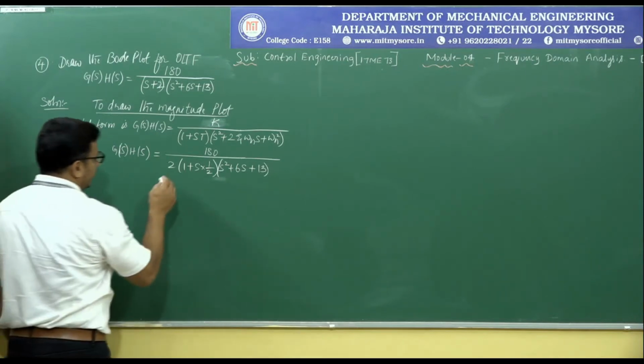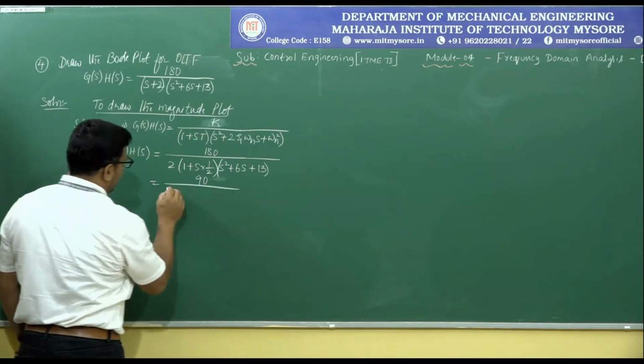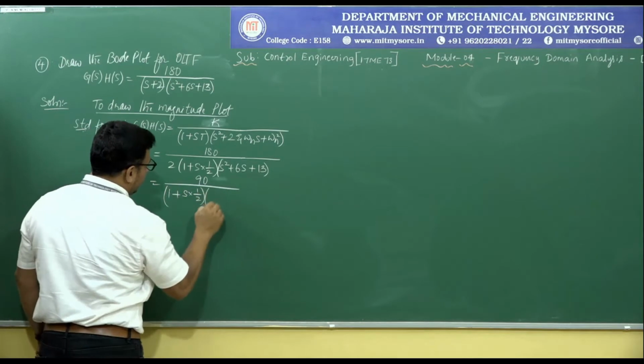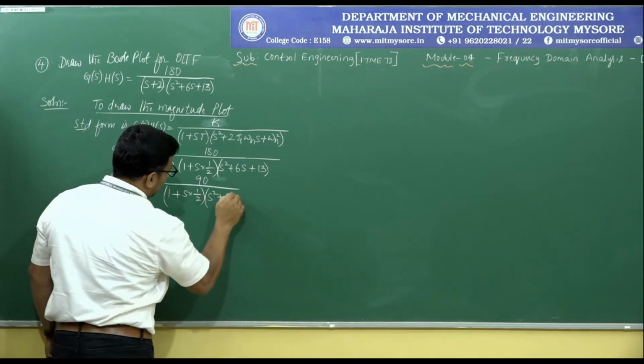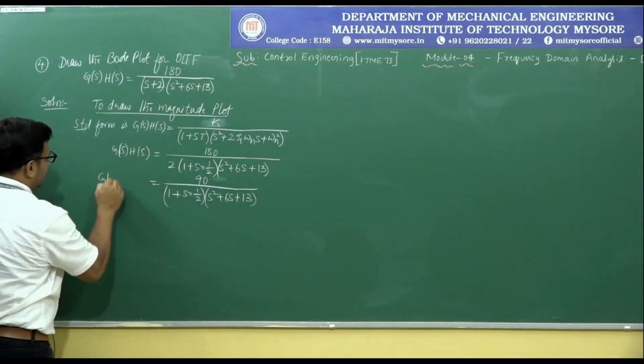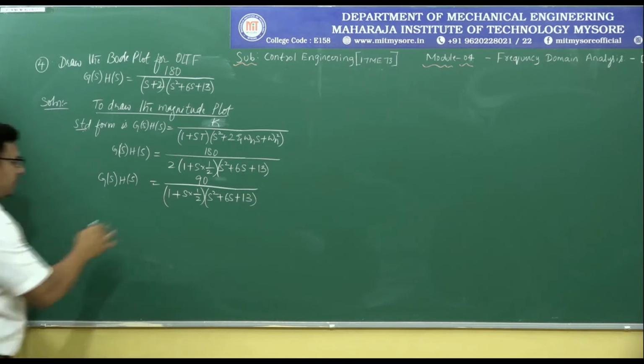Thereby you will be getting 90 divided by 1 plus S into 1 by 2 into S square plus 6S plus 13. This is what your open loop transfer function is going to be.